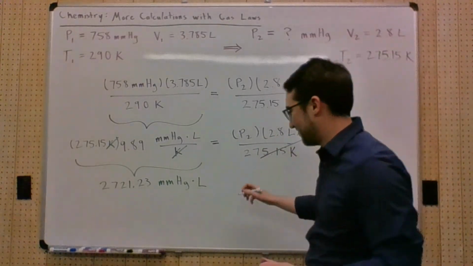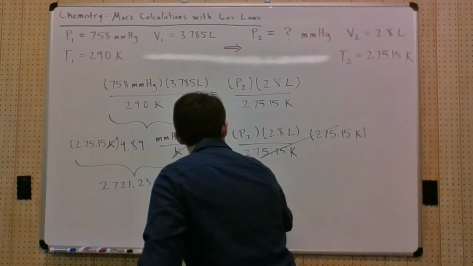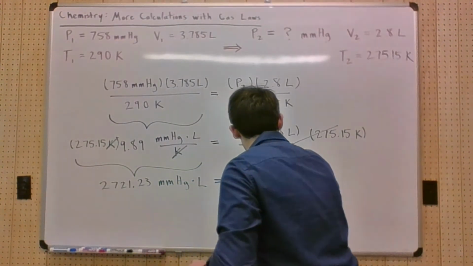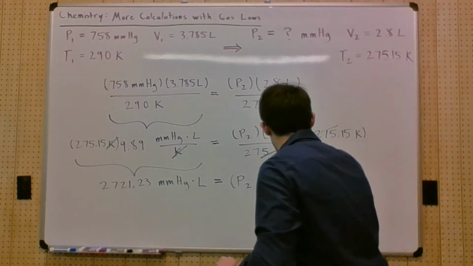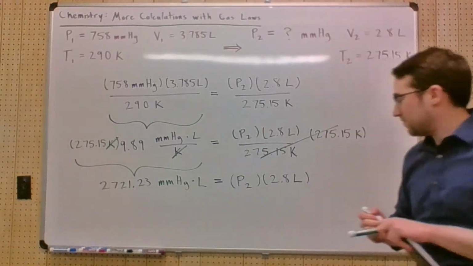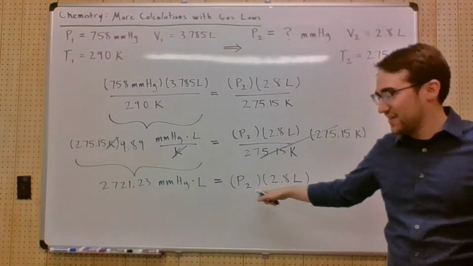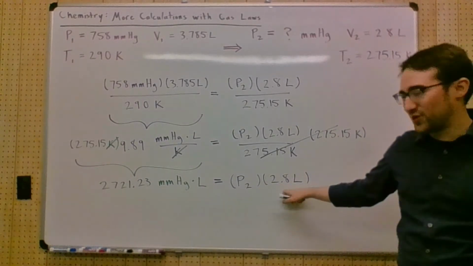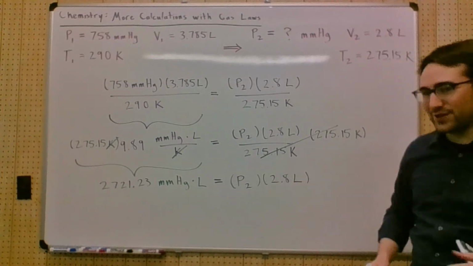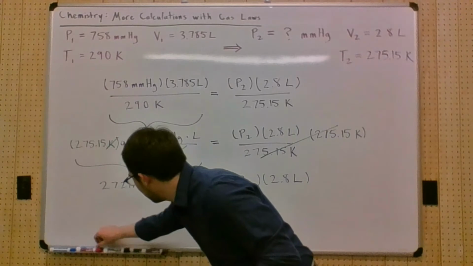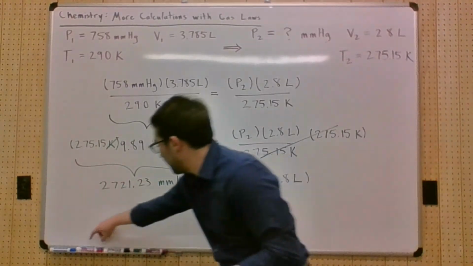We haven't messed with that yet. Okay, so our last step to get P2 alone is to divide off this 2.8 liters. I want to do that in different colors so it doesn't get all crowded in here. Let's do light blue.